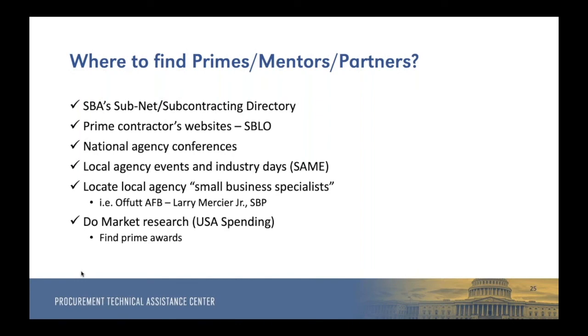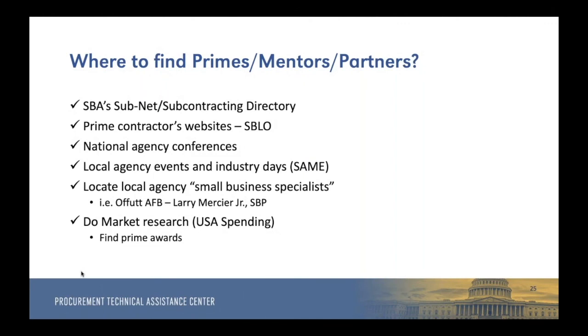Locate the small business specialist at the agency. So the way that businesses have an SBLO, similarly, agencies have a small business specialist, whose job is to know the lay of the land in small businesses.